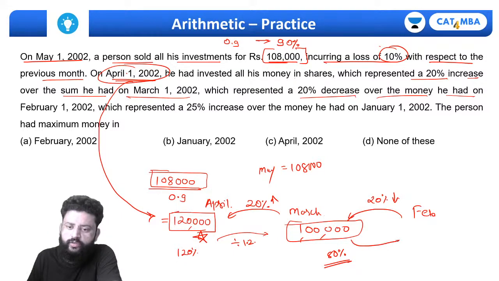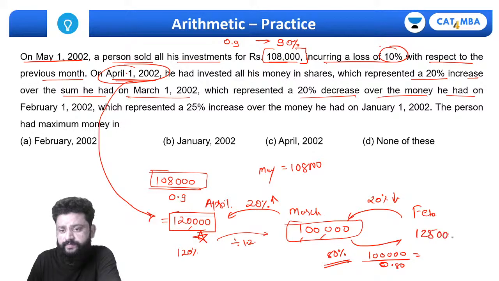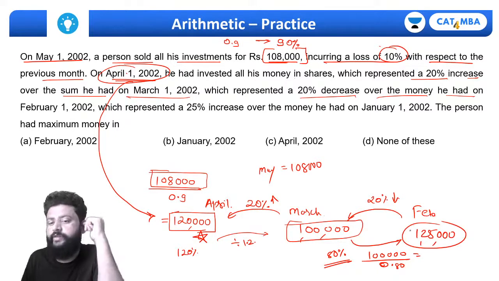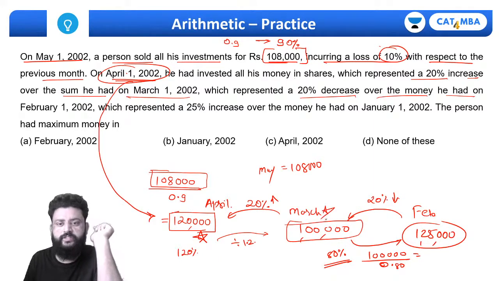Right, so get back to the original value, I need to divide 1 lakh divided by 0.80. So if you solve this, this must be 1,25,000. क्योंकि 1,25,000 का 20% decrease हो जाएगा तो यहाँ पे 1 लाख हो जाएगा मार्च में.